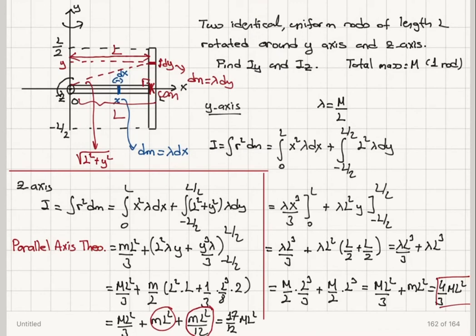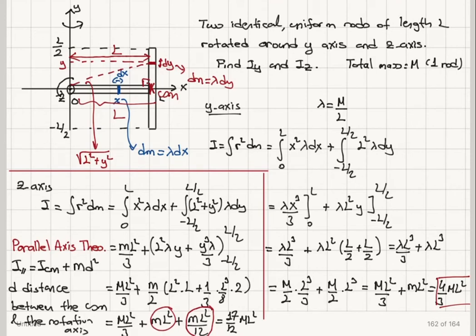which says the moment of inertia for rotations about an axis that is parallel to an axis that goes through the center of mass is the moment of inertia for rotations around the center of mass axis plus total mass times d squared, where d is the distance between the center of mass and the rotation axis.